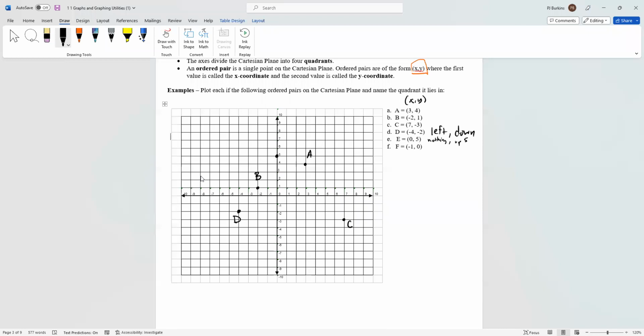So that puts me right there. And then F is (-1, 0). It's -1 in the x. That means go left 1. Silly me. Go left 1. And then nothing in the y. So left 1, and then nothing in the y puts me right there.